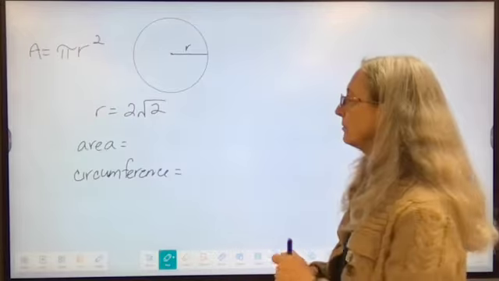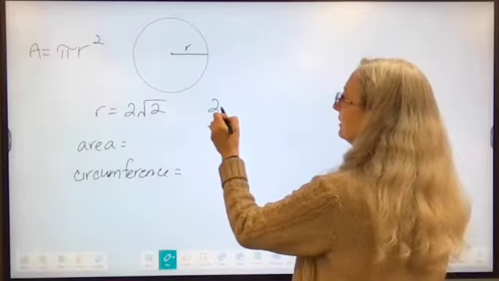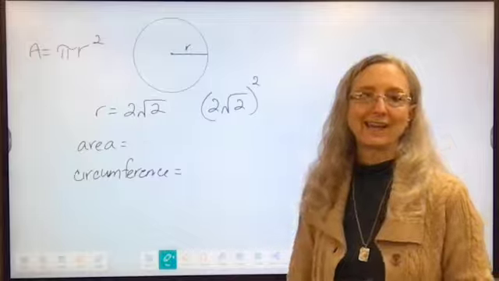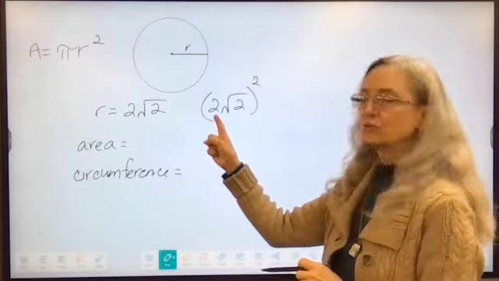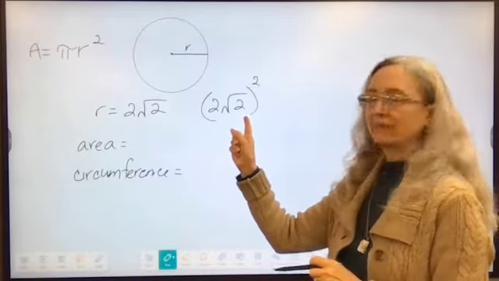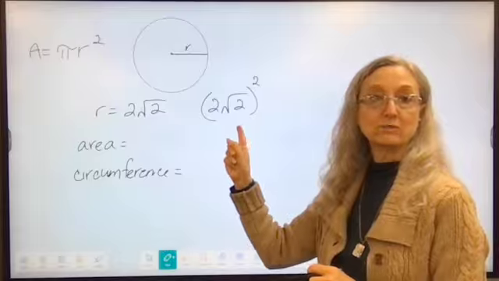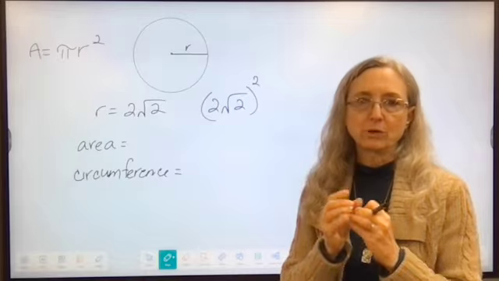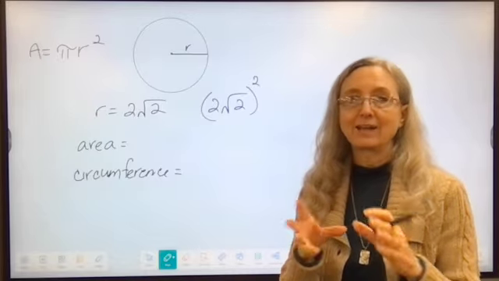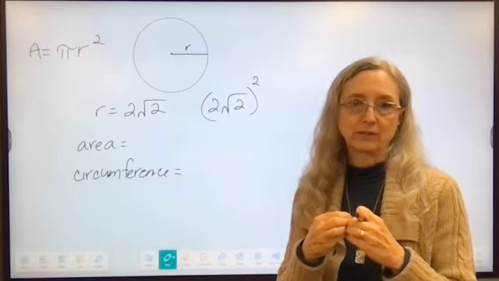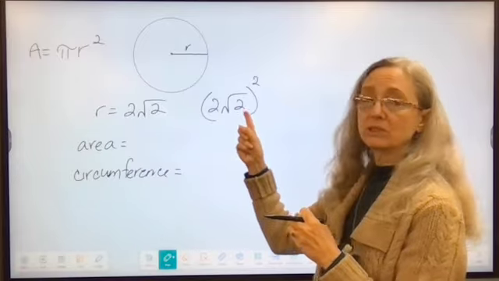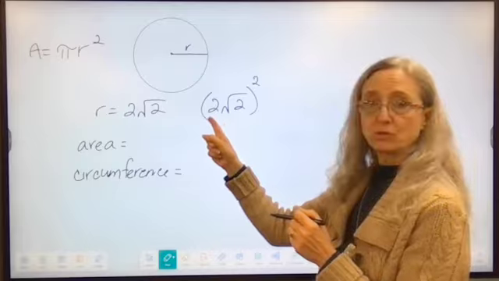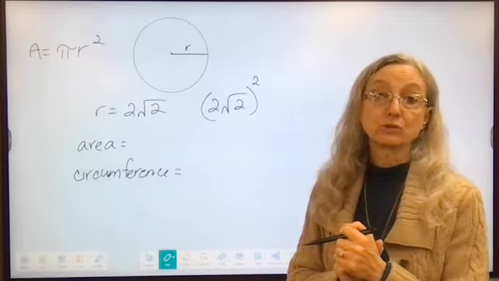This is a problem that some students have, so let me help you to do that. If I want to square that, think of this 2 as like a coefficient and this square root of 2 as almost a variable. It isn't, but think of it that way. You're going to square both of them individually and then multiply your answer, because it's this 2 times the square root of 2. So you're going to multiply 2 squared times the square root of 2 squared.